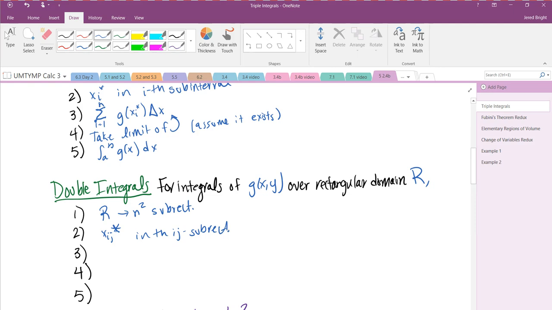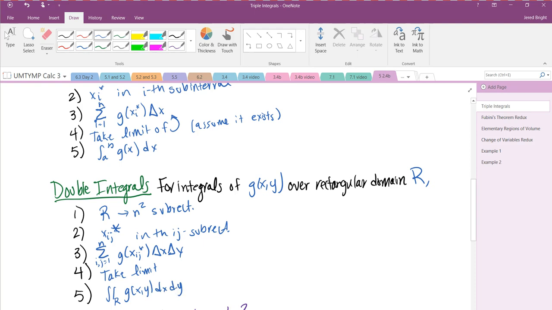Then we looked at the function value, so g of x_ij star, multiplied it by the area of the smaller subrectangular region, and then took the sum over all possible i and j from 1 to n, and then we took a limit, and then we end up getting the double integral over region R of g of x, y, dx dy.